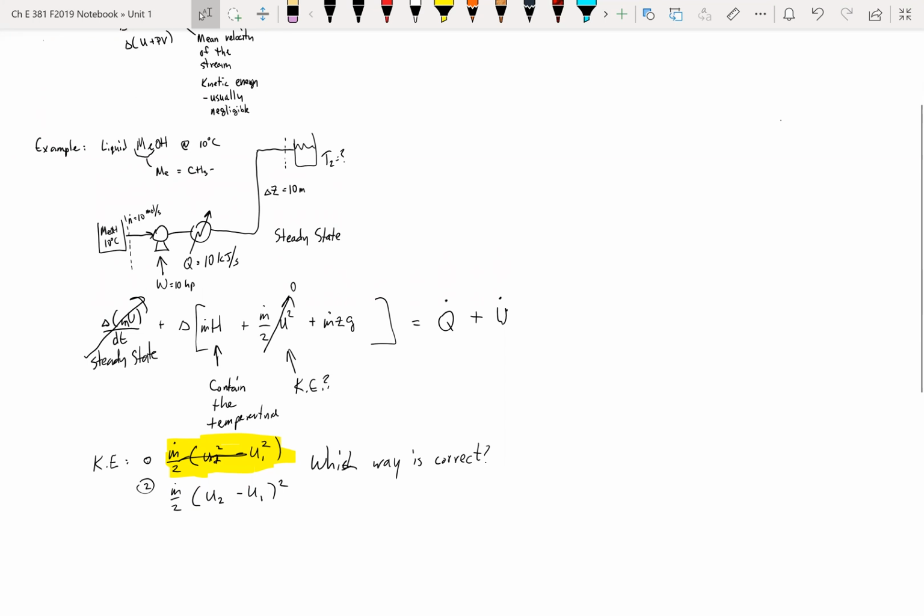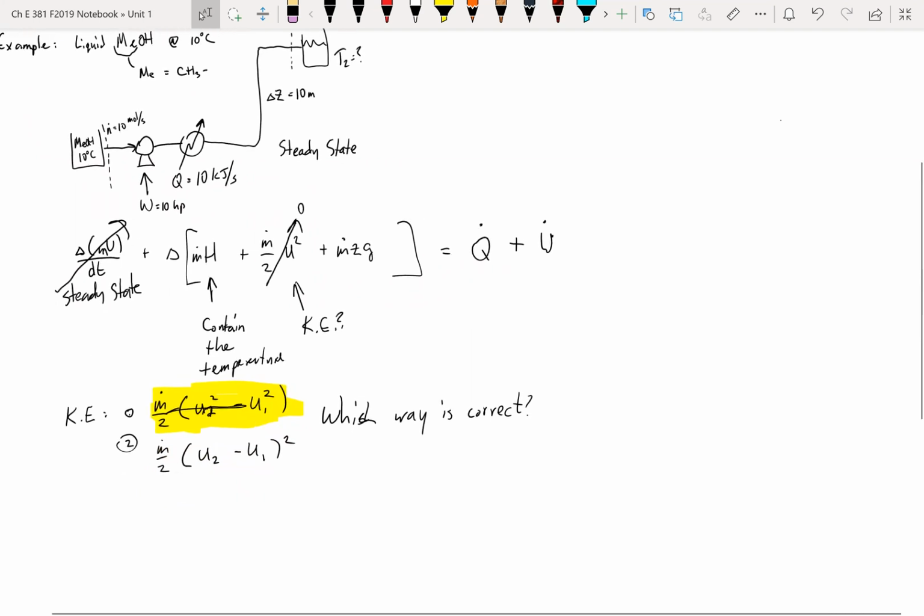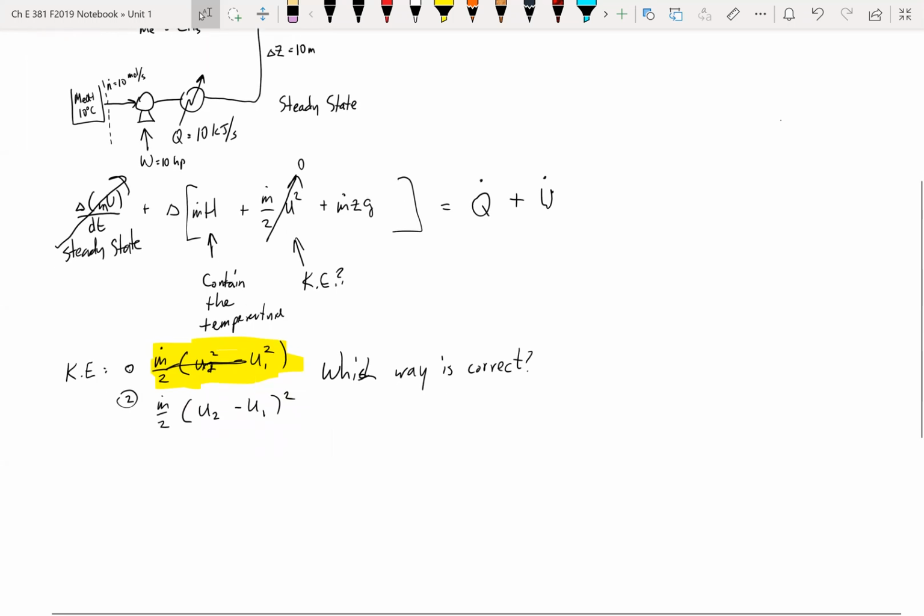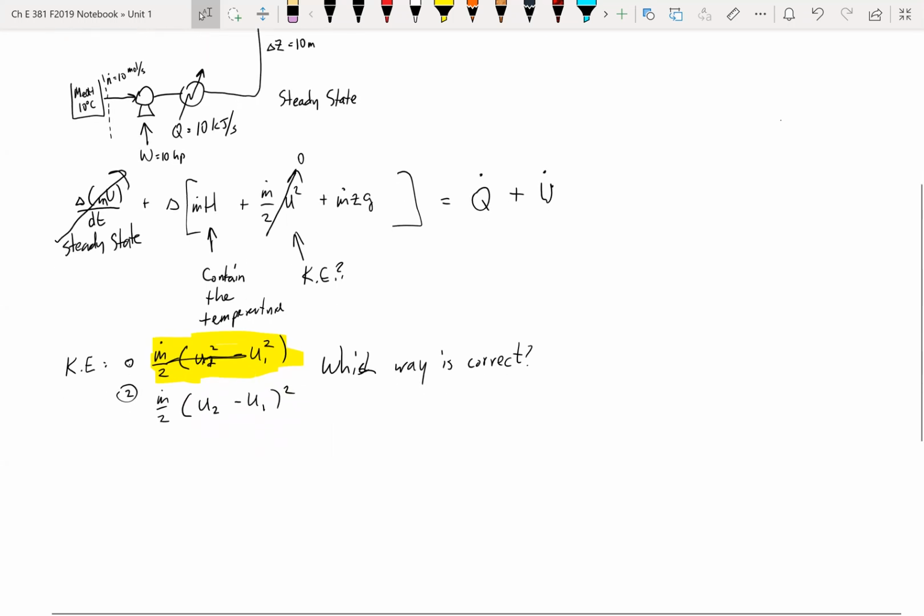So we are given an n dot, and the equation is written in terms of m dot, so we can translate the whole equation over to molar, or we can translate the whole thing to a mass base. So let's do our m dot methanol, which is going to be the n dot methanol times the mass per mole.